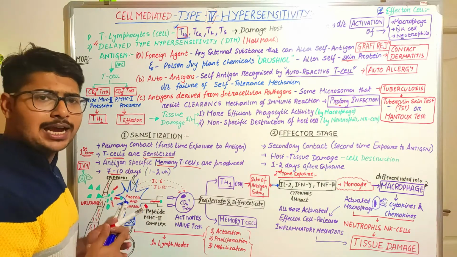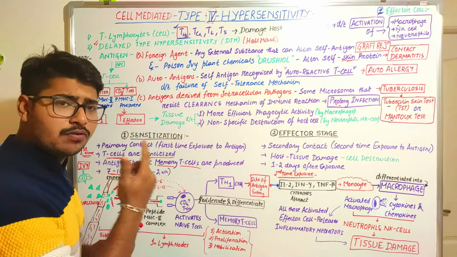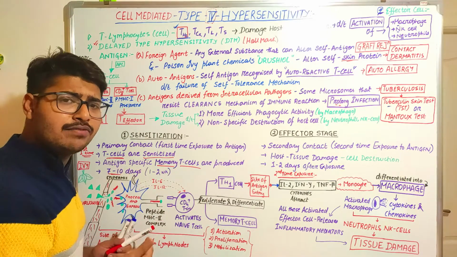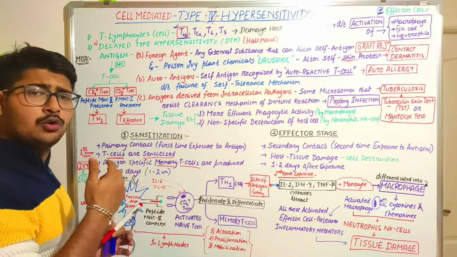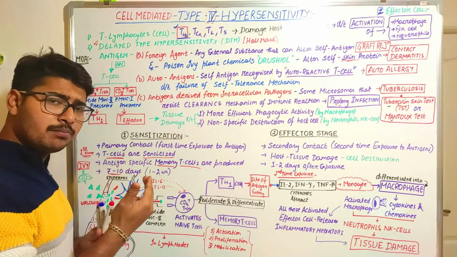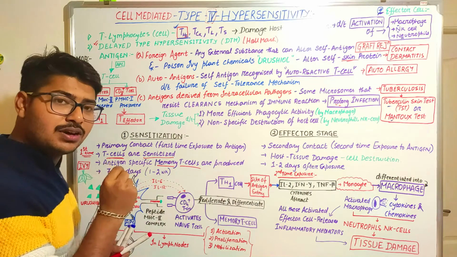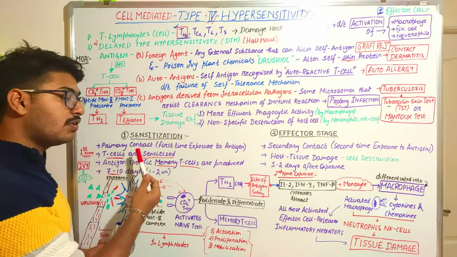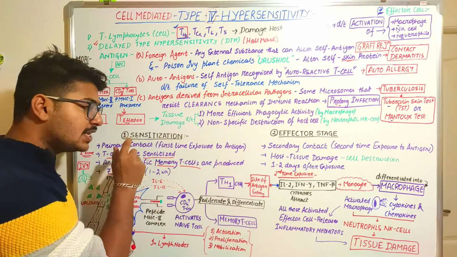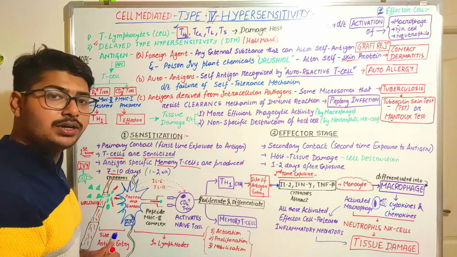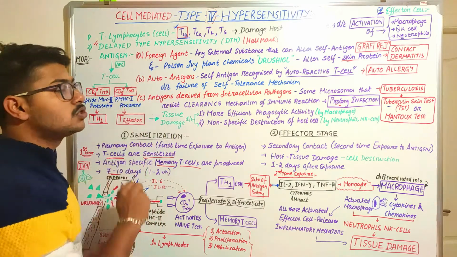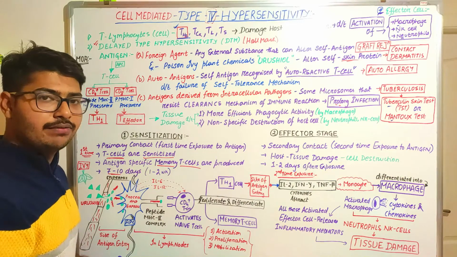Type 1, Type 2, Type 3 come under immediate type of hypersensitivity because the clinical manifestations are shown within 24 hours or within 48 hours. But here we are going to see the first clinical manifestation on first exposure at the sensitization stage, that is 7 to 10 days. That is the reason why it's known as delayed type of hypersensitivity.